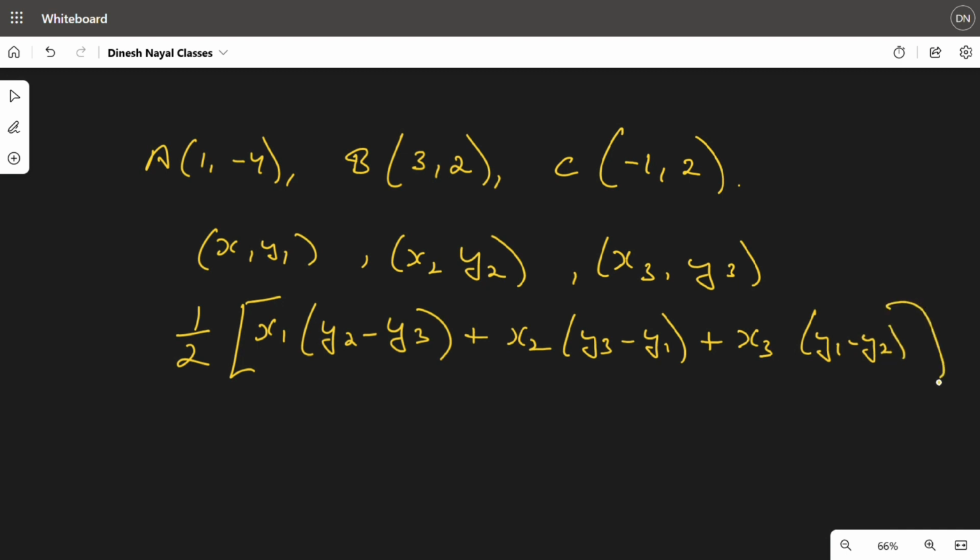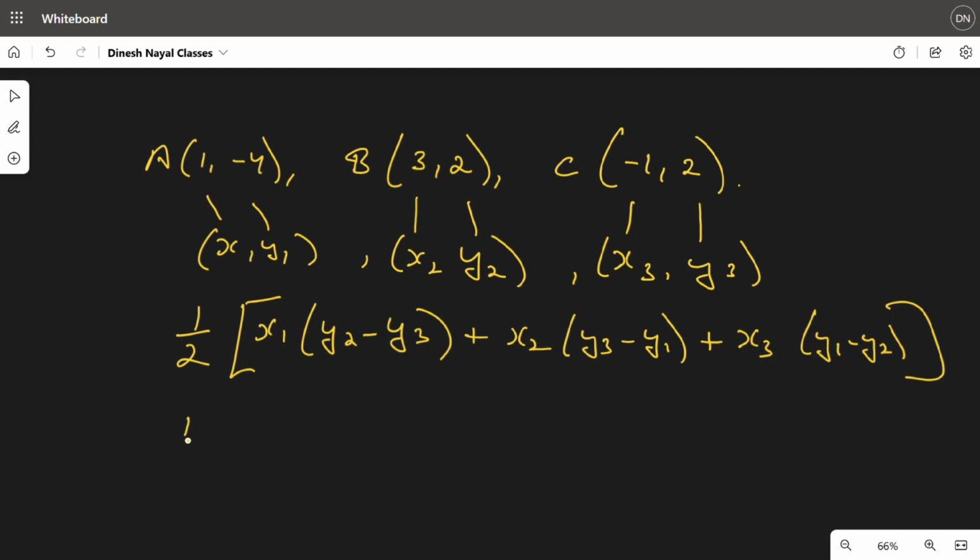So this is the formula that you use. Okay, now considering this point as (x1, y1), you can see x1 is 1, y1 is minus 4, x2 is 3, y2 is 2, x3 is minus 1, y3 is 2.